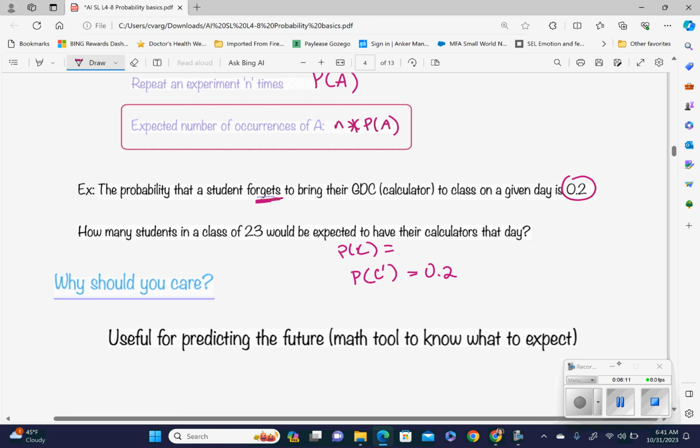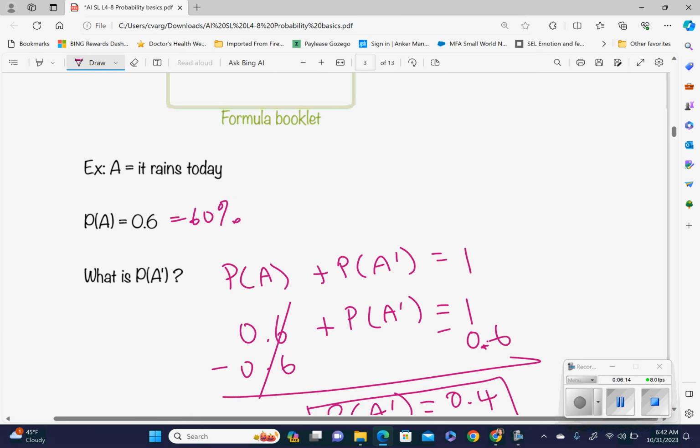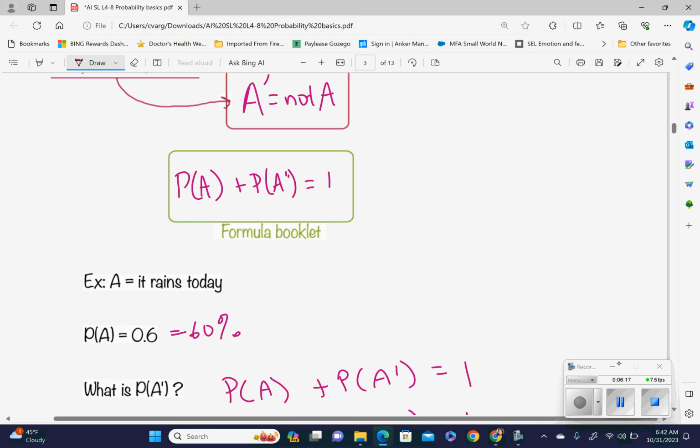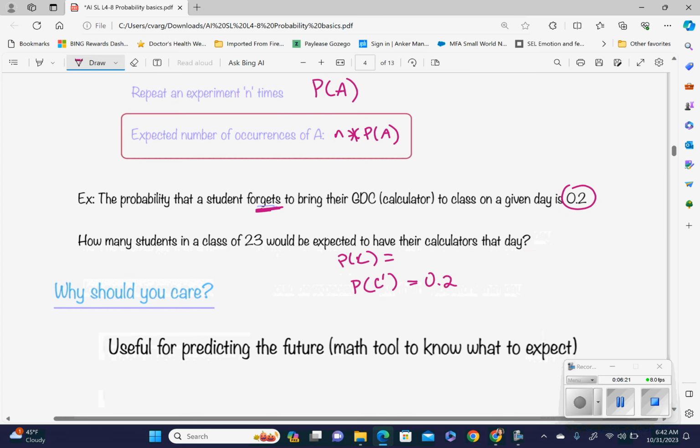So remember our formula that we literally just did right here, right? This formula, we're going to go ahead and just use that. Some of you can do this in your head, but 1 minus 0.2 is equal to 0.8. So the probability that they do have their calculator is going to be 0.8. And again, because they have to add up to one whole.